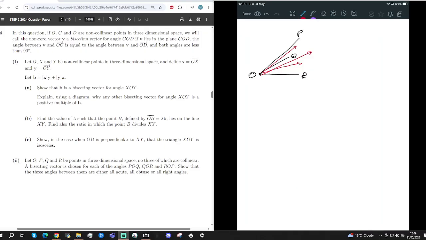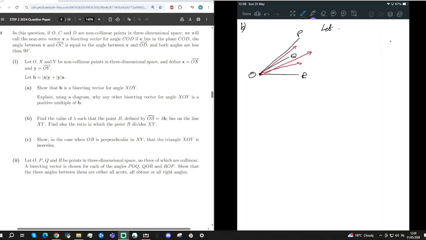Okay, so what exactly is this now saying? O, P, Q are 3 points, no 3 of which are collinear. So I'm in the condition where I can make bisecting vectors. I should probably start to introduce some notation.